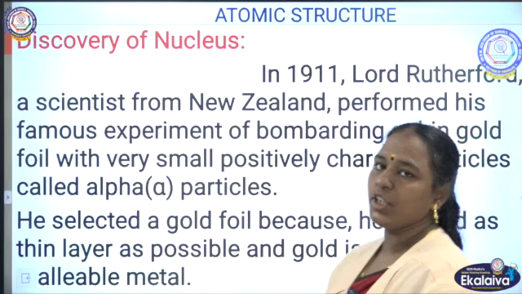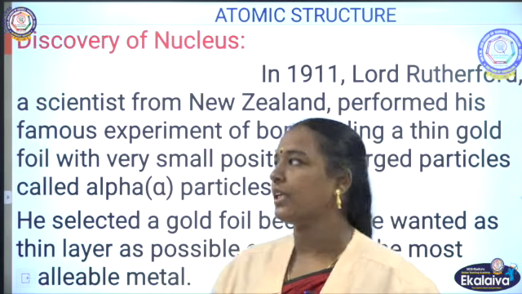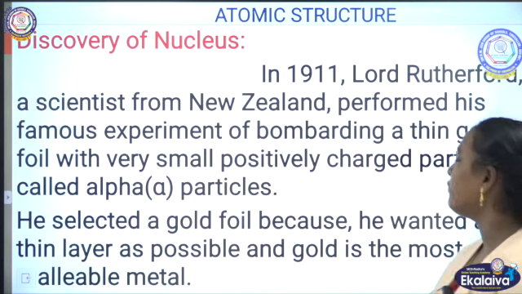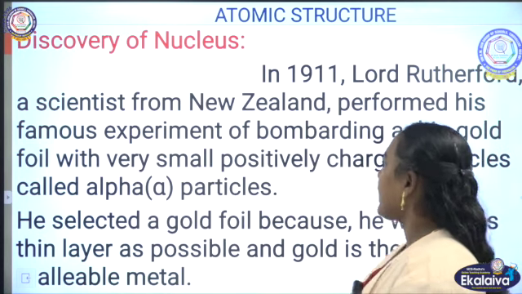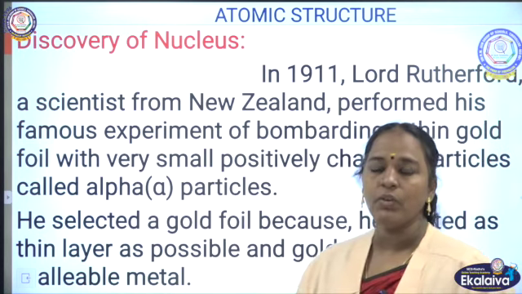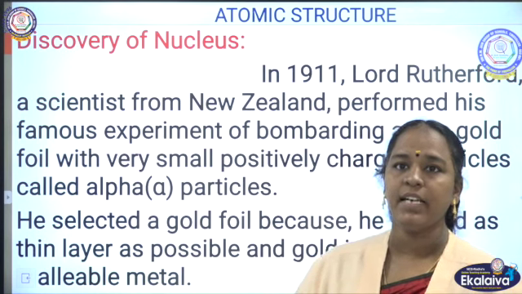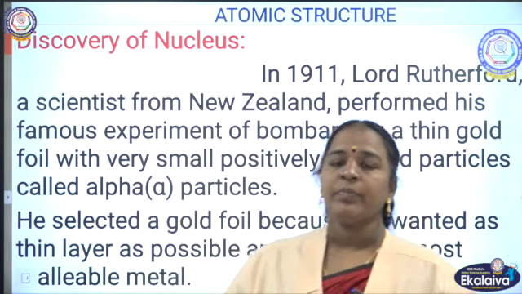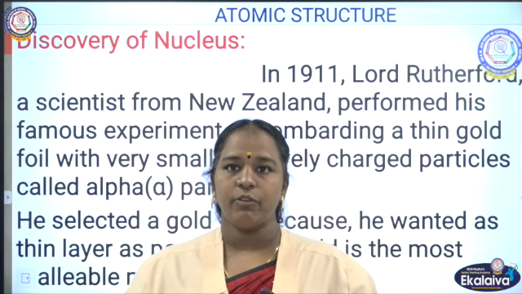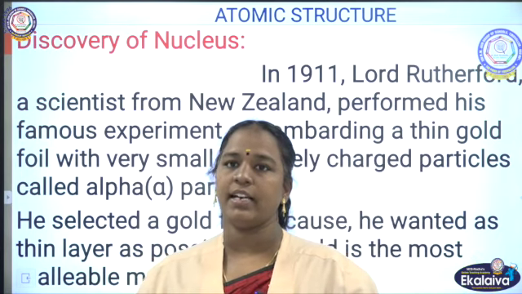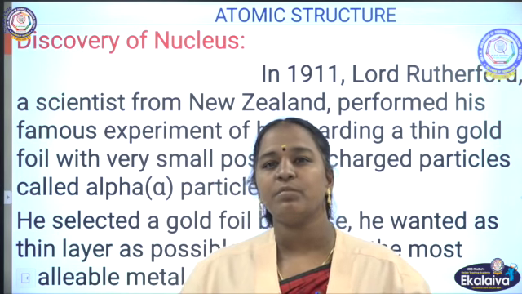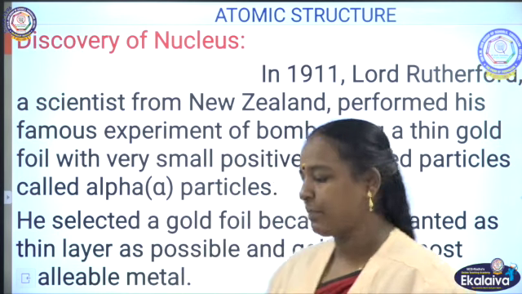Let us see first the discovery of the nucleus. In 1911, Lord Rutherford experimentally found that there is a particle present in the atom. He took a thin golden foil and passed alpha particles through it, and observed something in the experiment.